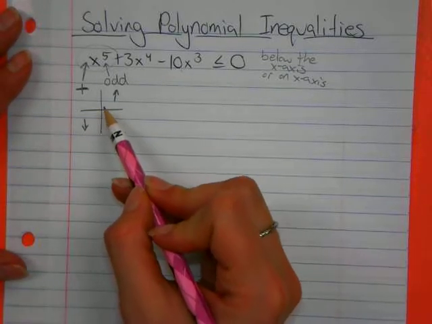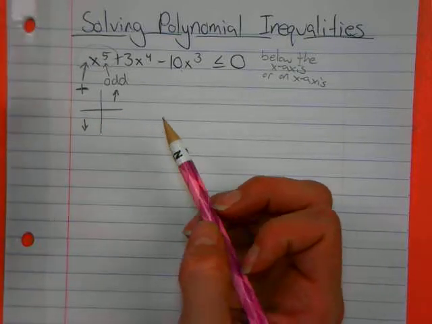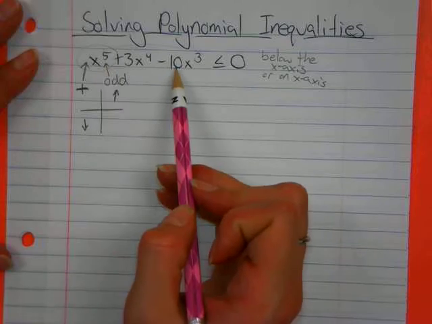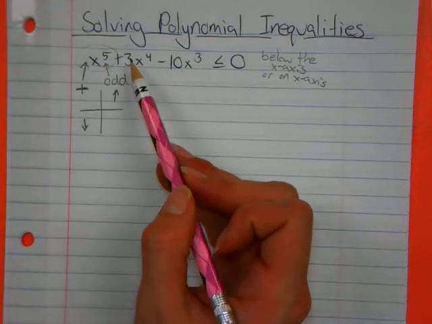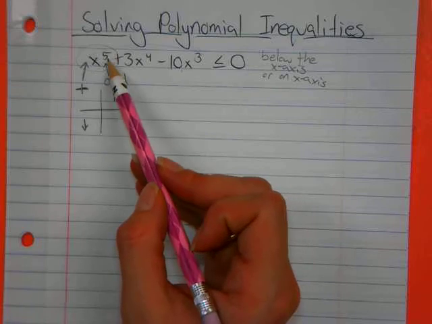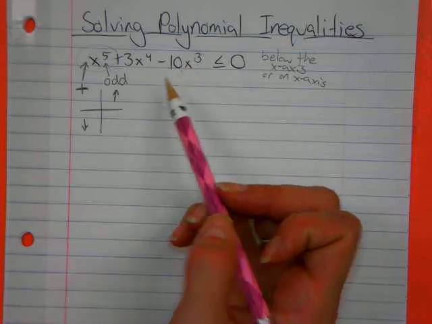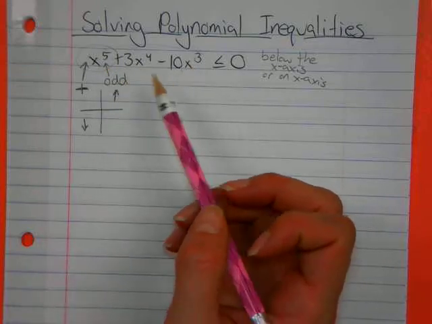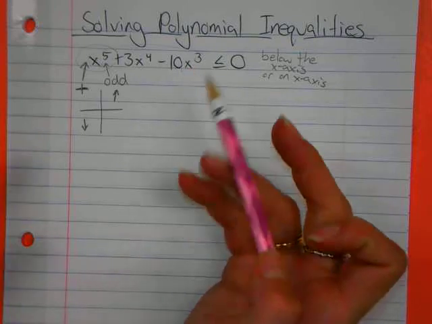Okay, now all I need to do is fill in the gaps in between. So I want to figure out where my roots are, where I'm going to be touching or crossing the x-axis. So I want to take this polynomial that's in expanded form and try to factor it. Anytime I have something like a 5th power, I'm going to first start by looking at all the terms and seeing if they have anything in common that I can factor out. I notice they all have x's, and they all have at least 3 x's.